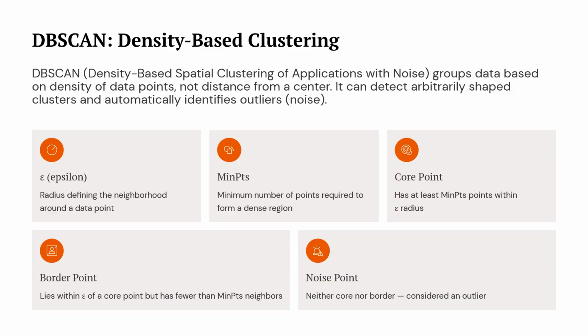It all depends on two key settings: epsilon, which defines the neighborhood radius, and min points, the minimum number of points needed to form a dense area. Points inside the dense area are called core points. Points close to them but not dense enough are called border points. And anything left alone, that is a noise point, called an outlier.